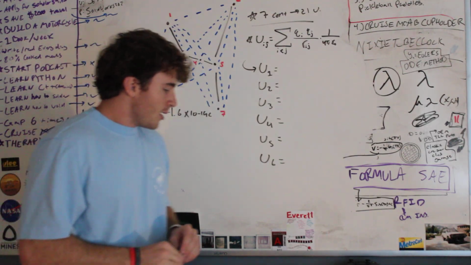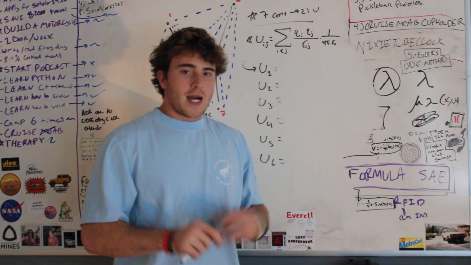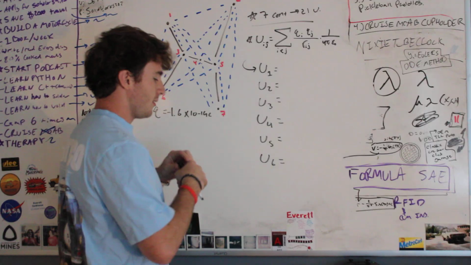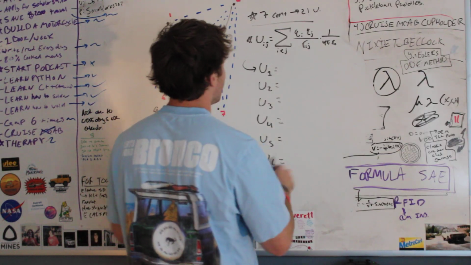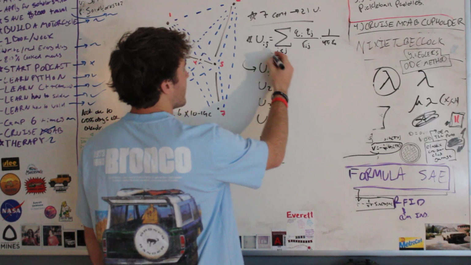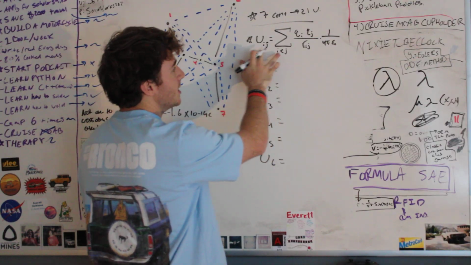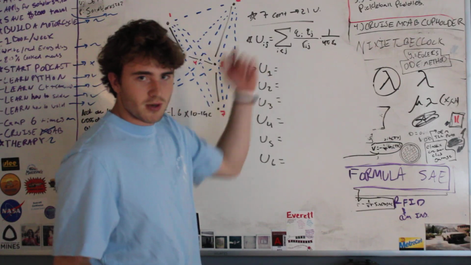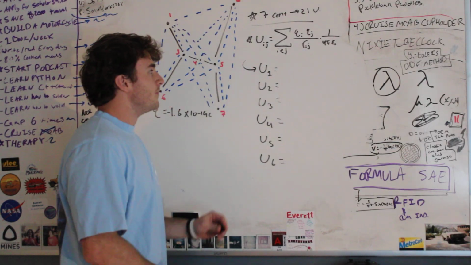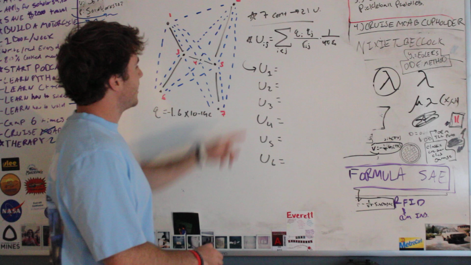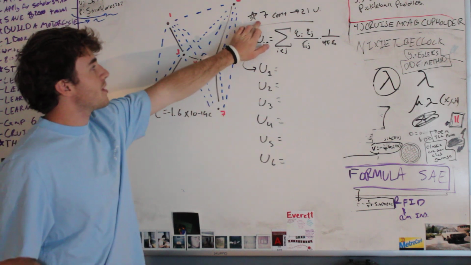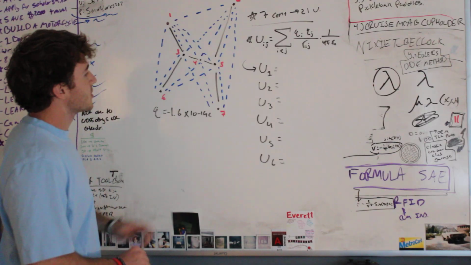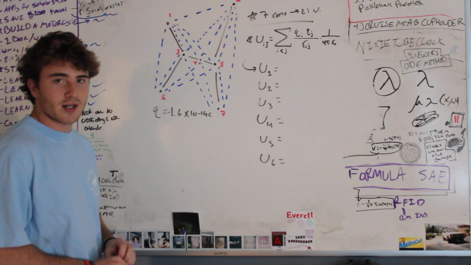So really, I probably did this the long way. I kept the fundamental equation in mind that relates our potential energy to the product of our charges divided by the radius, times the permittivity constant. For 1, there are 7 contributors, so there are going to be 7 different lines.